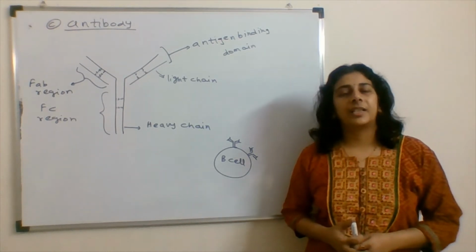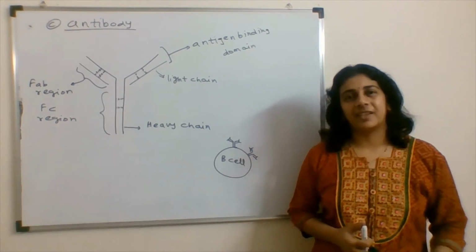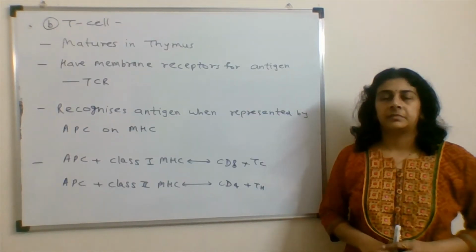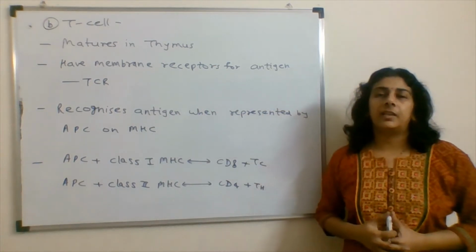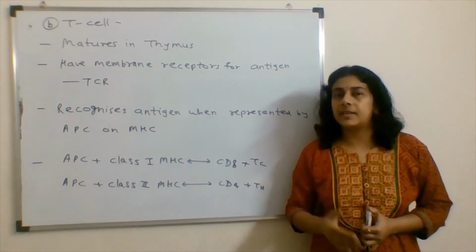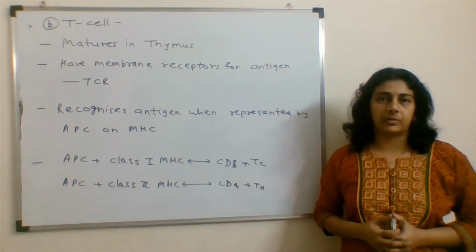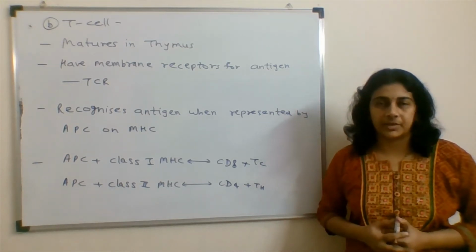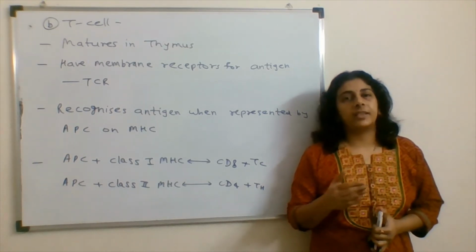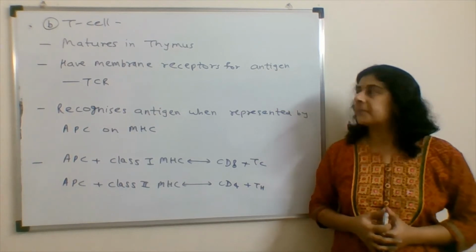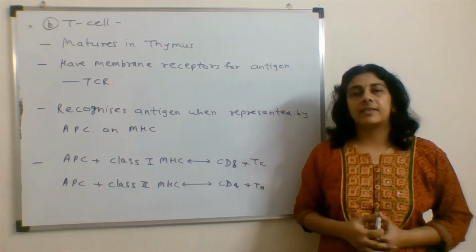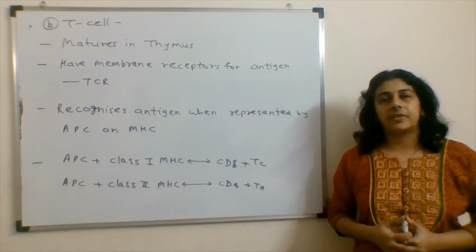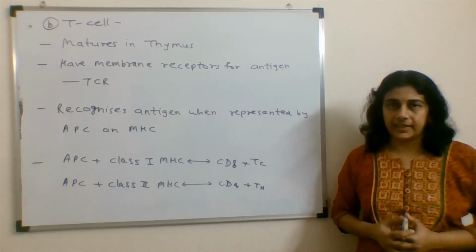Now moving to another option, that is T lymphocytes. Coming to the option T cell, these are T lymphocytes. They are synthesized in the bone marrow and get matured in the thymus. That's why these are called T cells. They have membrane receptors known as TCR, T cell receptors, present on the T cell.